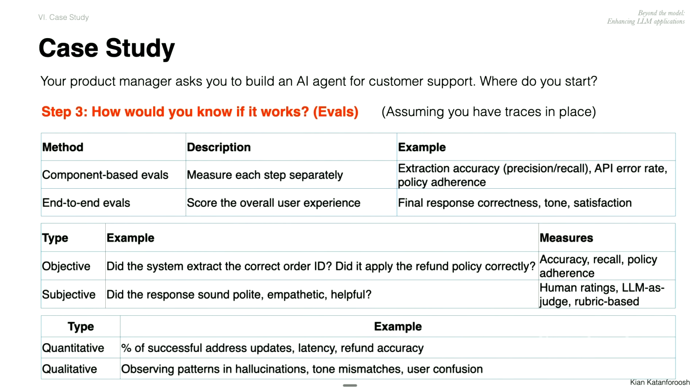And then finally, qualitative: you might do some error analysis and look at, where are the hallucinations? Where are the tone mismatches? Are the users confused, and by what are they confused? That would be more qualitative, and typically it would take more white-glove approaches.